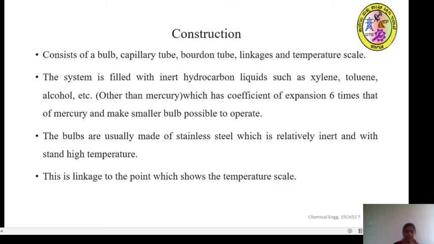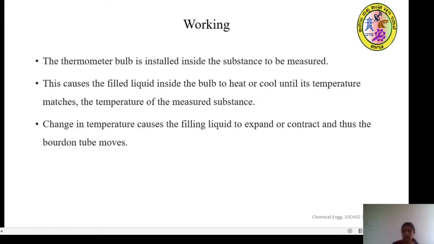Otherwise, an uneven division of the scale on the thermometer would be necessary. Hence, water is not suitable, since water expands unevenly due to the density anomaly. So these are the properties of the liquid that should be considered, which is used inside the bulb of these liquid filled thermometers.